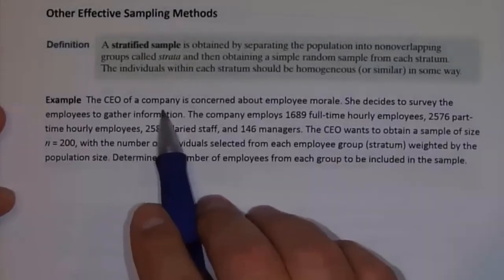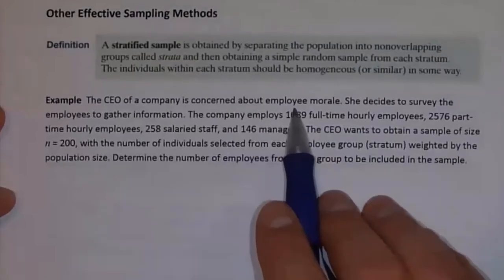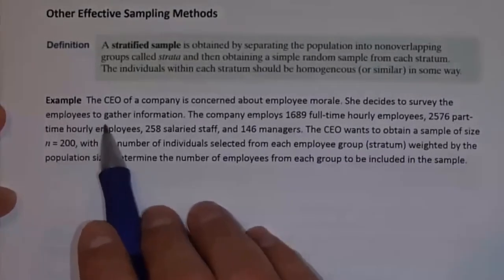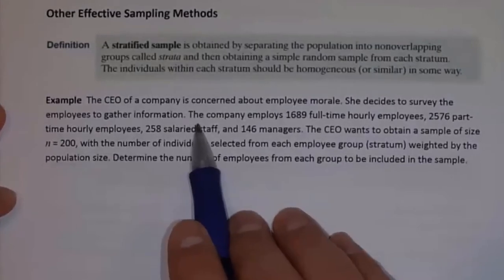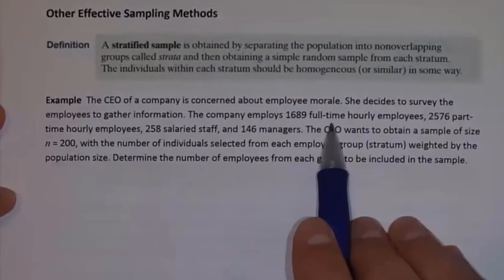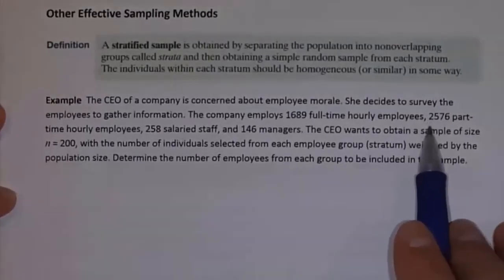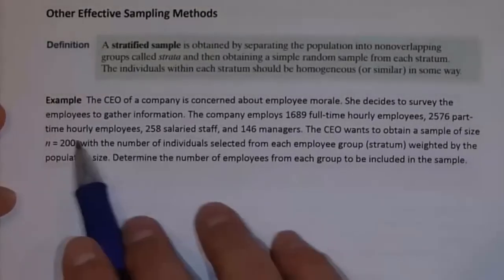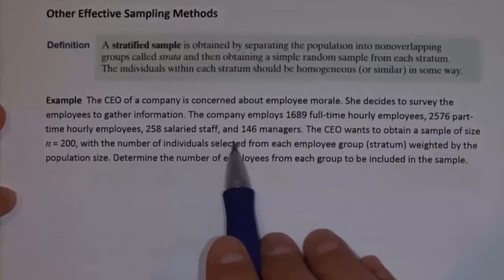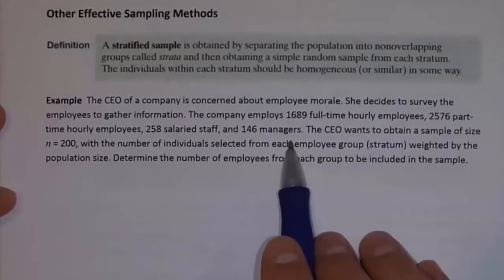The CEO of a company is concerned about employee morale. She decides to survey the employees to gather information. The company employs 1,689 full-time hourly employees, 2,576 part-time hourly employees, 258 salaried staff, and 146 managers.